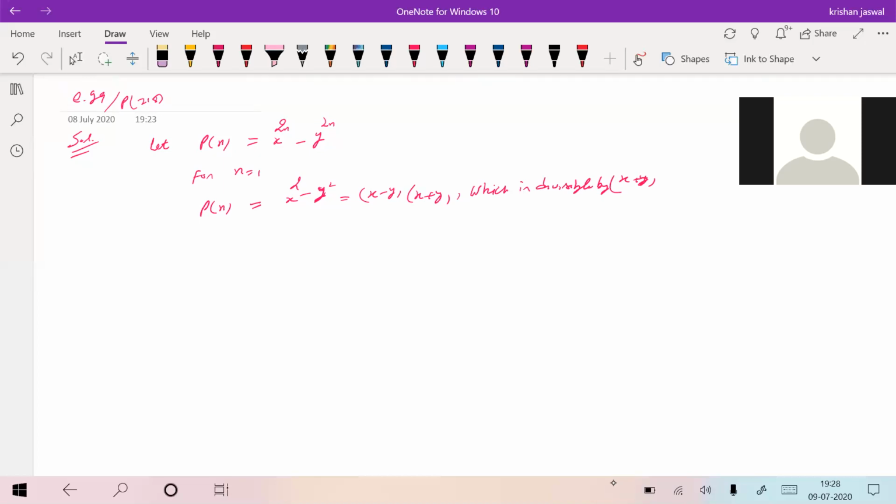Therefore, the result is true for n is equal to 1.